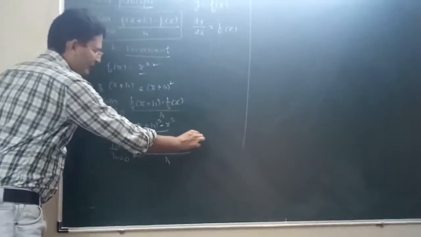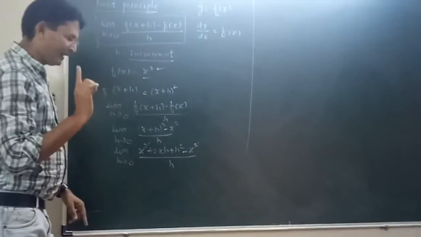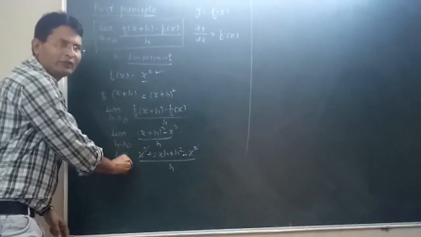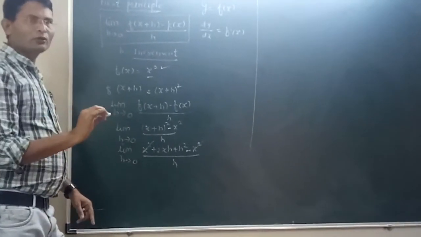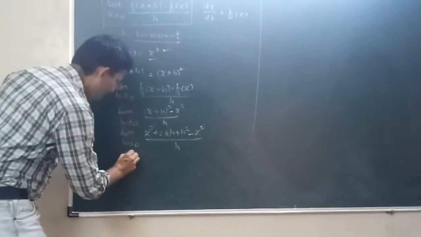Now this x square got cancelled, and as h tends to 0, h has to be the cancelling term.